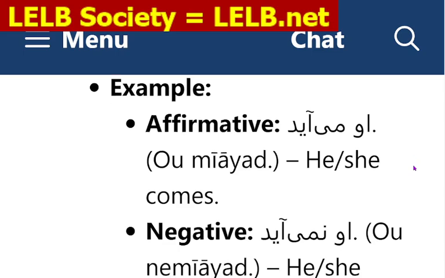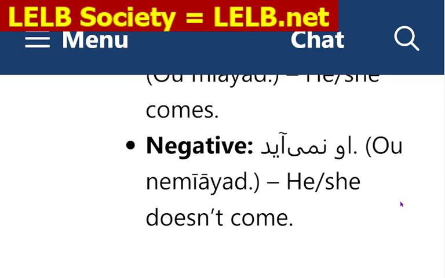The negative form is او nemīāyad. Usually a ye sound is added as an intrusive ye because āyad starts with a vowel, and nemī also ends in a vowel. Therefore there are two vowels, and usually we just add an intrusive ye. So, او nemīāyad.